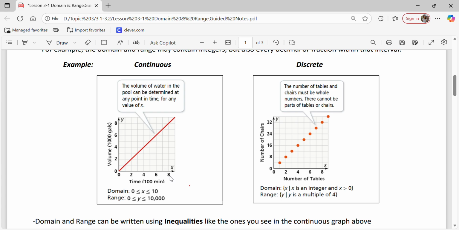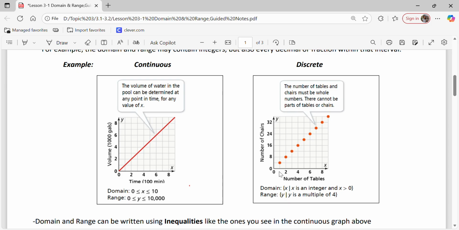Here they're talking about the number of tables and chairs in a restaurant. The number of tables and chairs must be whole numbers. For every 1 table, you need 4 chairs. 2 tables, 8 chairs. 3, 12. 4 tables, 16 chairs. So the domain, these numbers specifically have to be whole numbers.